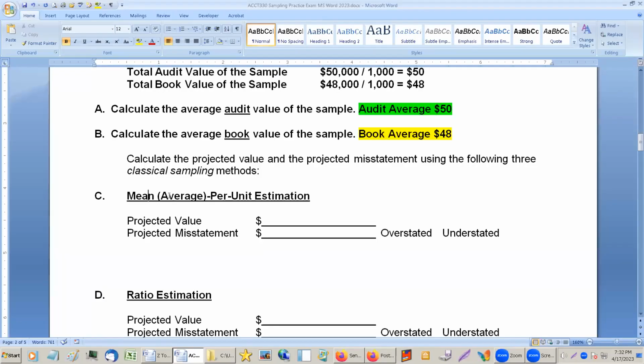It's sort of like someone telling you something versus you actually seeing it yourself. Your work is always more persuasive than something that's handed to you, like the client's financial statements and book values. So we're more sure of this number than what the client gave us, and we're going to use the audit average when we do our average per unit.